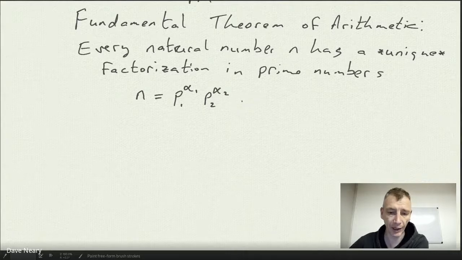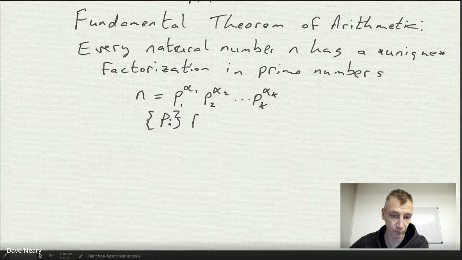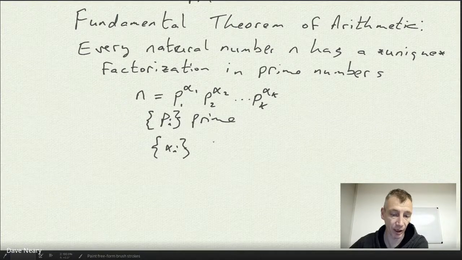So we write n as the product of p1 to the alpha 1, p2 to the alpha 2, and then pk to the alpha k for some k, with the set of p's being prime numbers, and the set of alphas being natural numbers.